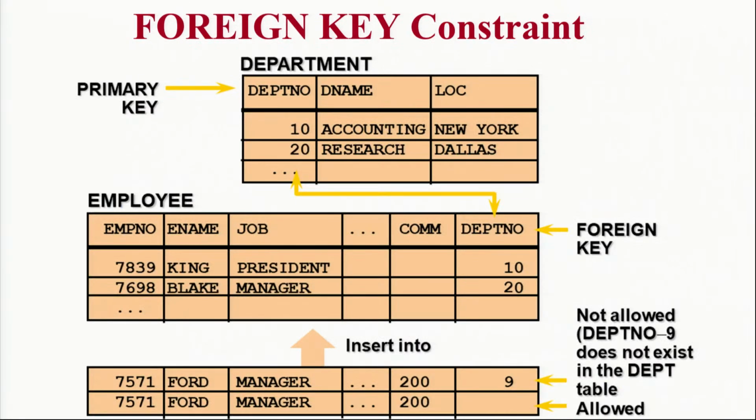More precisely, you see that the parent is department and child is employee. So, employee King works as a president in the department 10, which is department of accounting, and the location is New York.